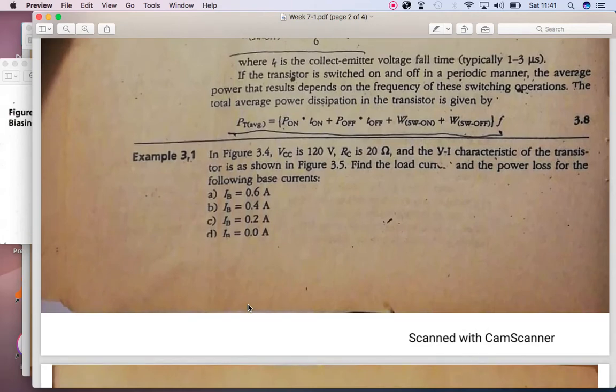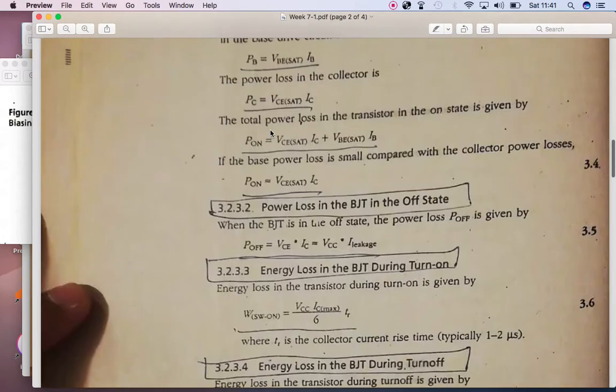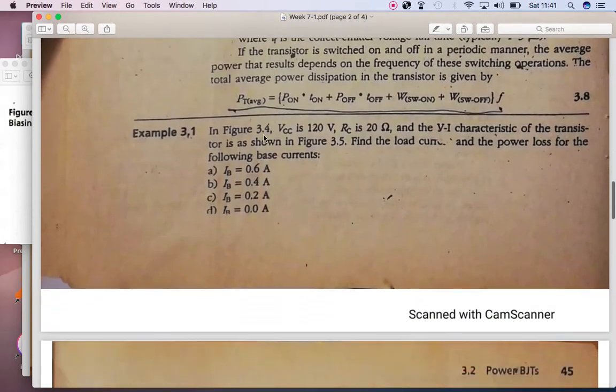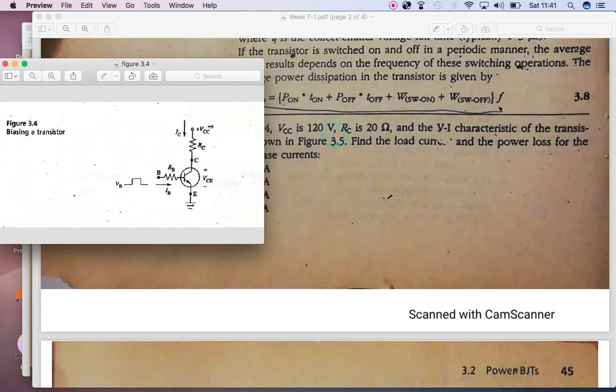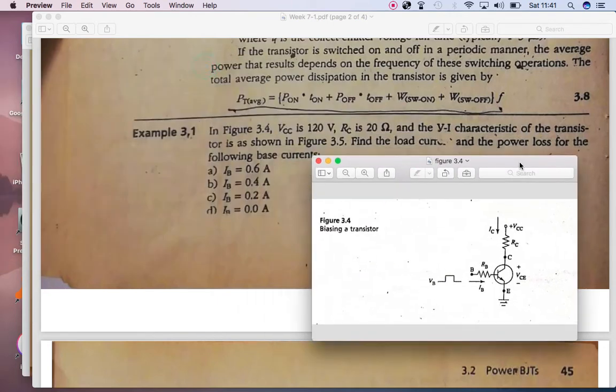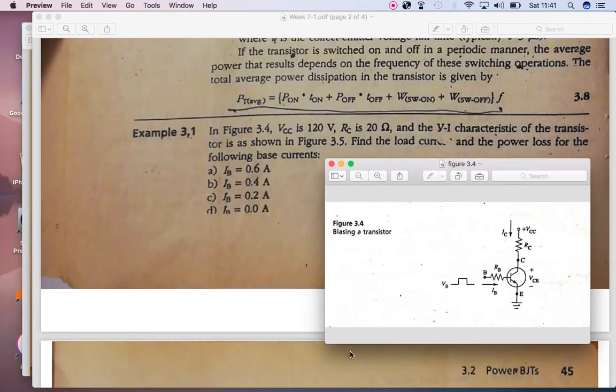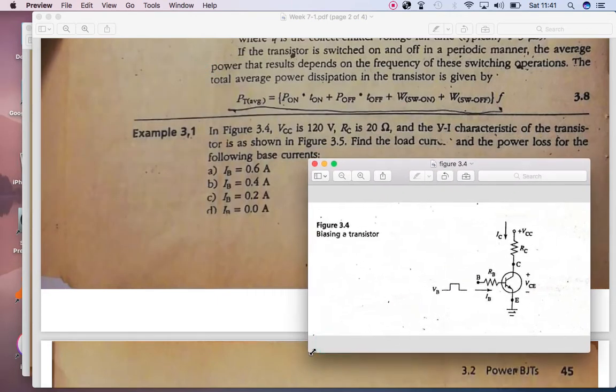So now we have to do three numericals to use the above formulas, and firstly we will be doing this example, which is talking about figure 3.4, which is over here. I can put this figure over here for a small duration of time.